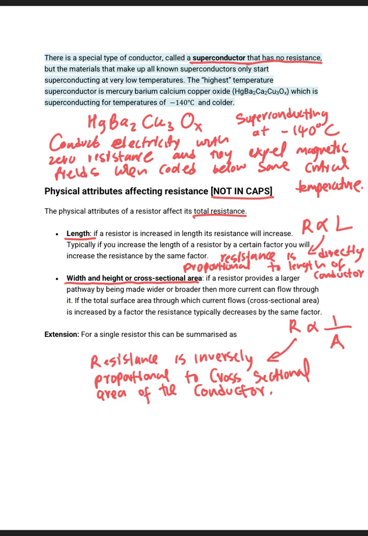This relationship tells us that when the cross-sectional area of the conductor is bigger, the resistance is going to be smaller, and when the cross-sectional area is smaller, the resistance is going to be bigger.